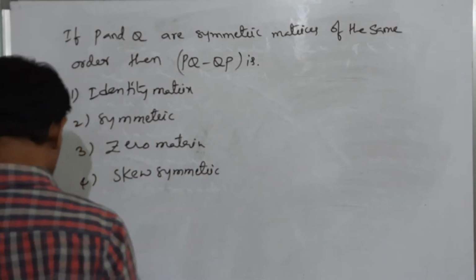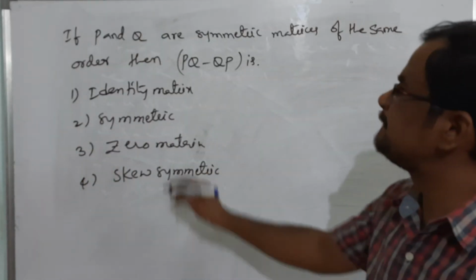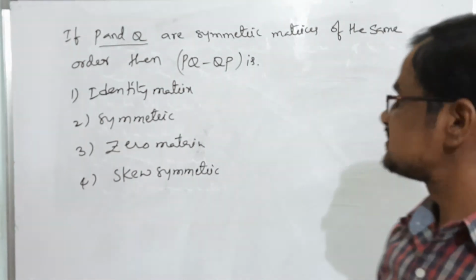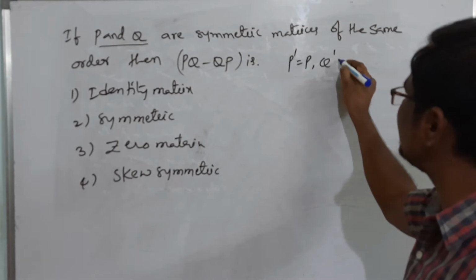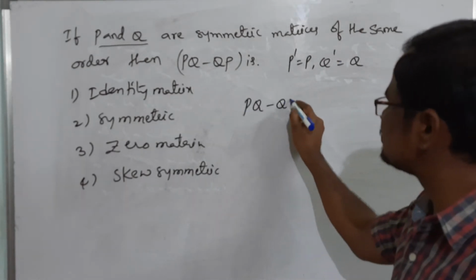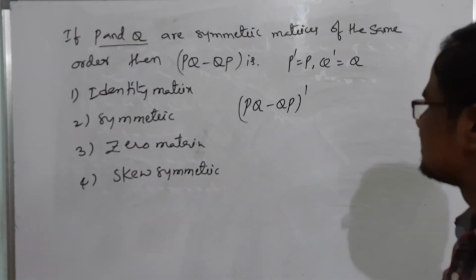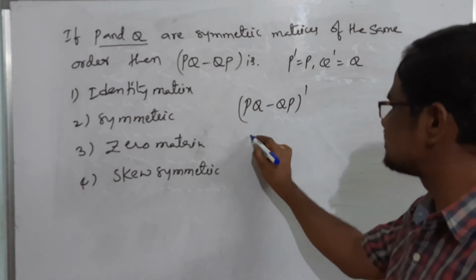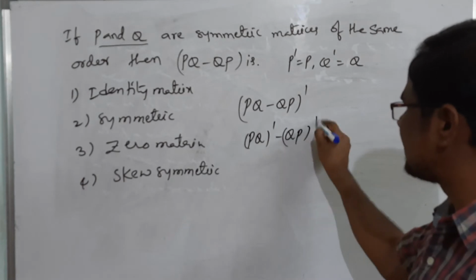So here what they have given: P and Q are symmetric matrices. That means P dash equal to P and Q dash equal to Q. Then they are asking PQ minus QP is what? Take whole dash. Like this we did many problems. So here this is in the form of A minus B. So PQ whole dash minus QP whole dash.